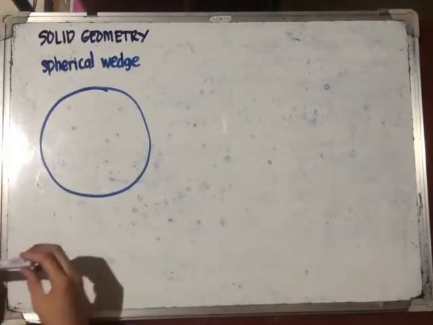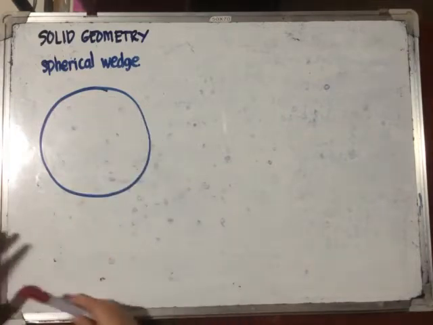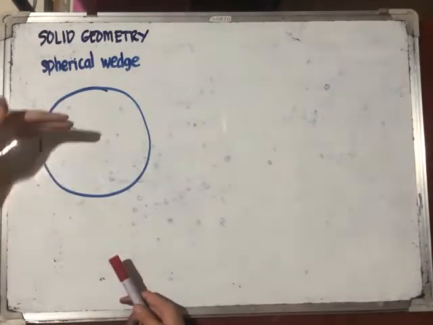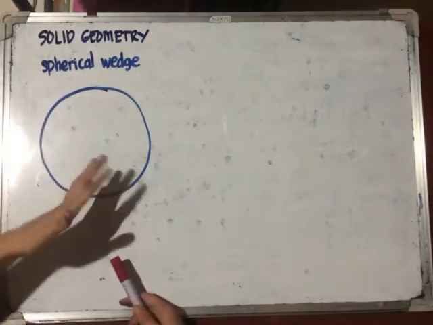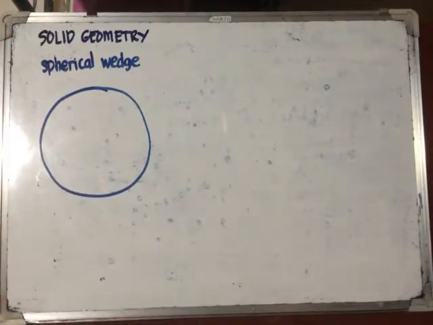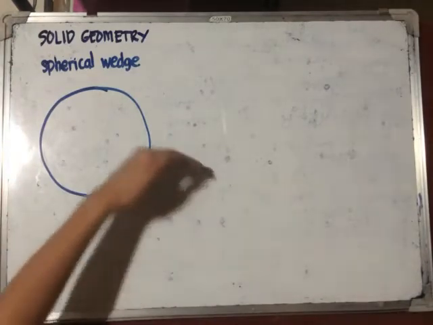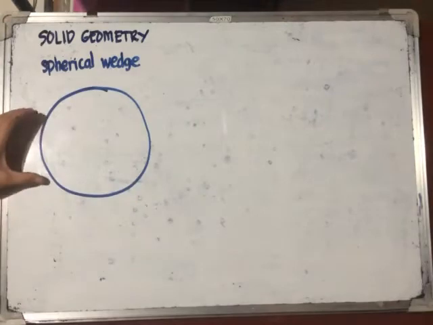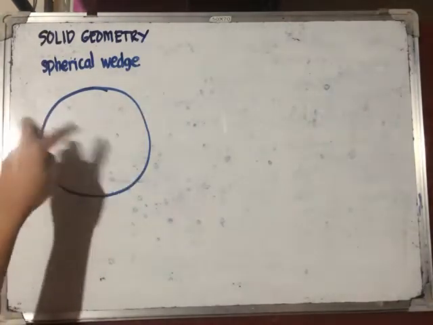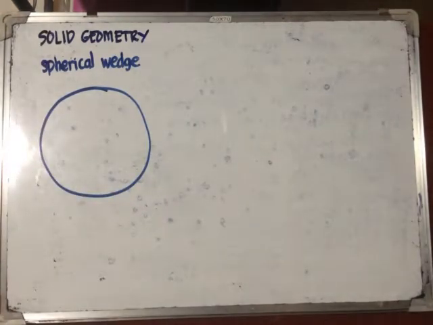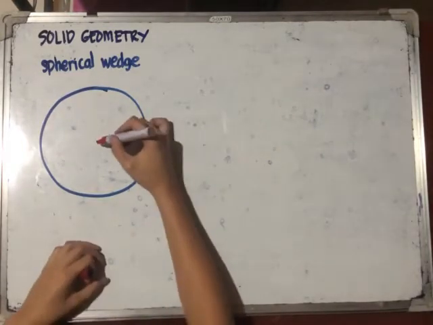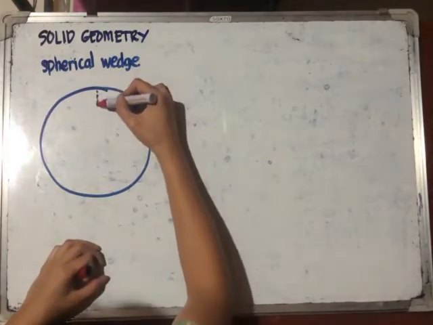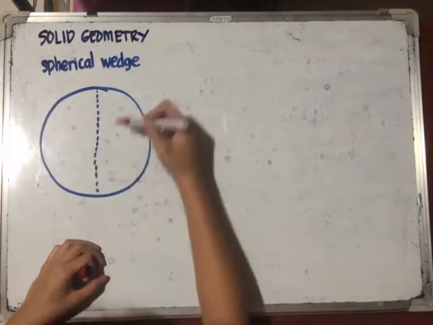For the spherical segment, we can produce one by passing a cutting plane here that is parallel to the diameter, right? On the horizontal diameter. Like that. It will give two circular bases. The spherical wedge is also a part of this sphere, but we divide the wedge in this manner.